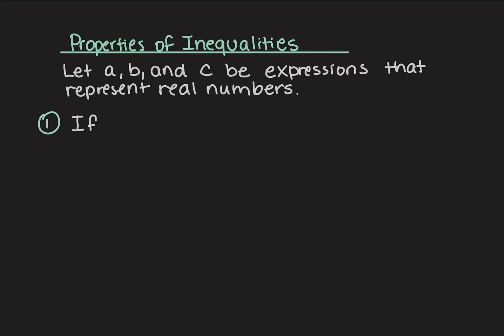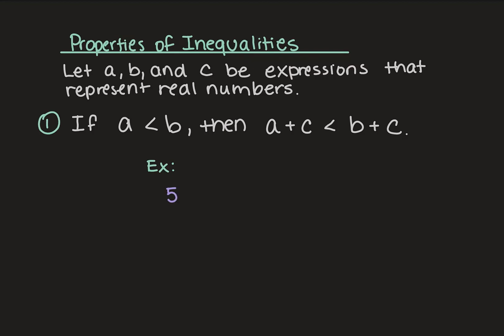If we have an inequality like a less than b, which could also be written as a greater than b, or a less than or equal to b, or a is greater than or equal to b, but we'll write this as a less than b for now, then a plus c is also less than b plus c, meaning we can add the same number to both sides of the inequality and it is still equivalent.